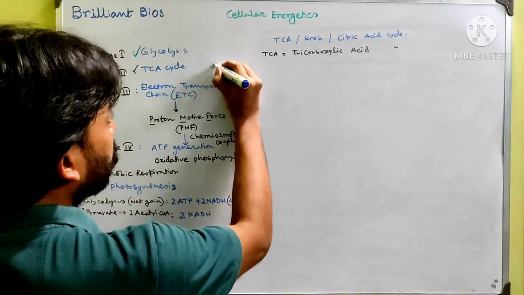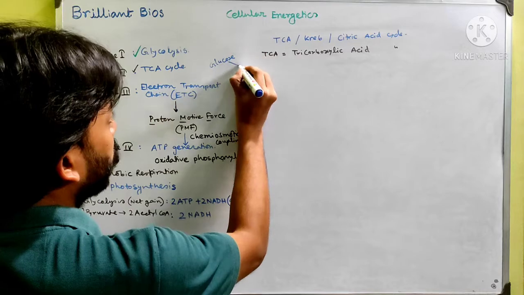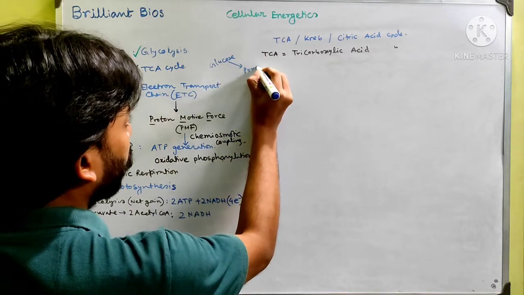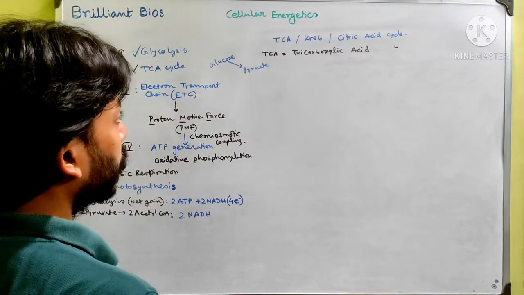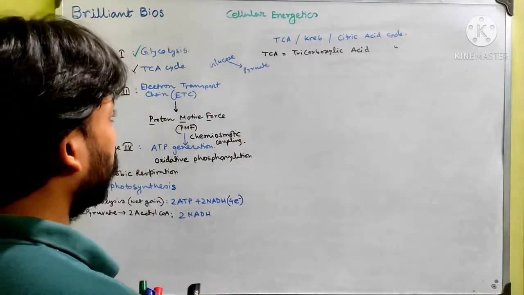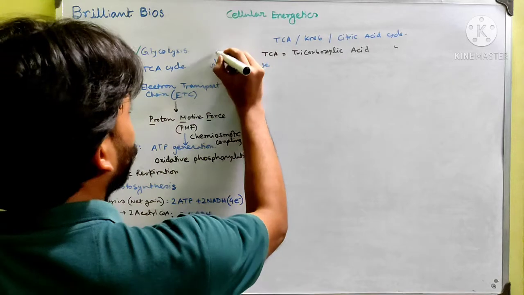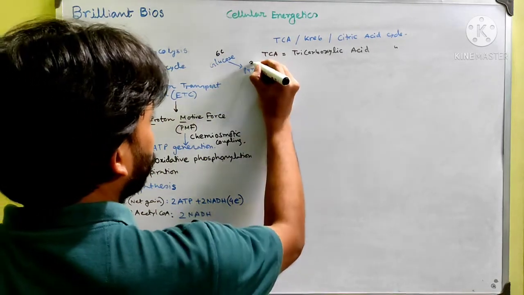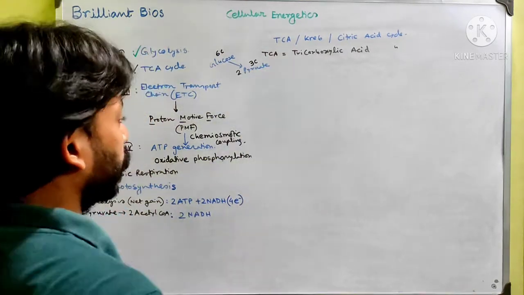Now let me quickly summarize what is happening here. From glycolysis, one glucose molecule is converted into pyruvate, and this occurs in the cytoplasm. Glucose is a 6 carbon molecule and pyruvate is a 3 carbon molecule, so there should be 2 pyruvate.